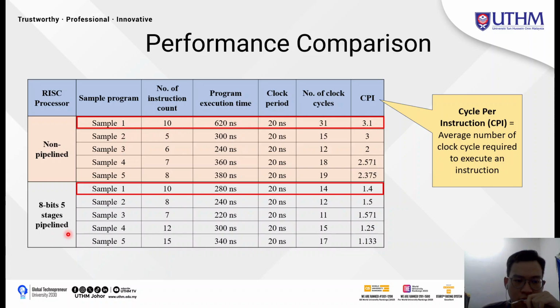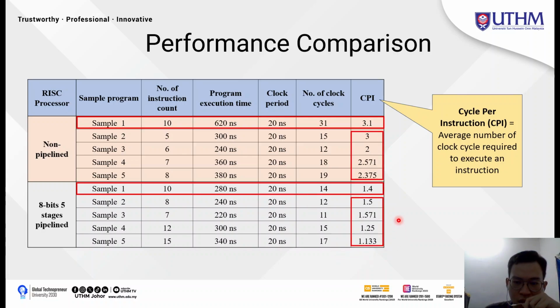However, the designed pipeline processor only requires an average of 1.4 clock cycles to execute an instruction in sample program 1. Comparing both CPIs, the pipeline processor has a lower CPI, which indicates that it has better performance and a faster execution time compared to the non-pipeline processor for this sample program. Now let's see the other programs.